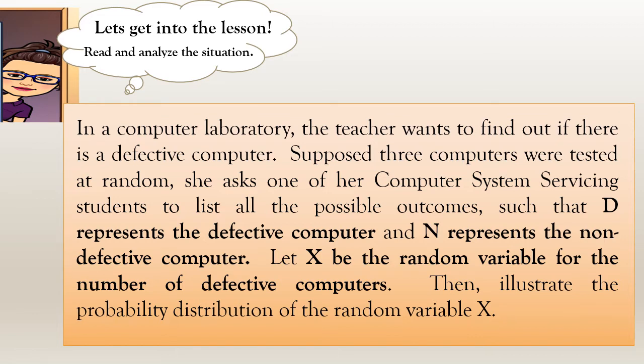She asked one of her computer system servicing students to list all the possible outcomes, such that ni-represent natin yung D for the defective computer and N represents the non-defective computer. Let X be the random variable for the number of defective computers based doon sa magiging possible outcomes. Then, illustrate the probability distribution of the random variable X.